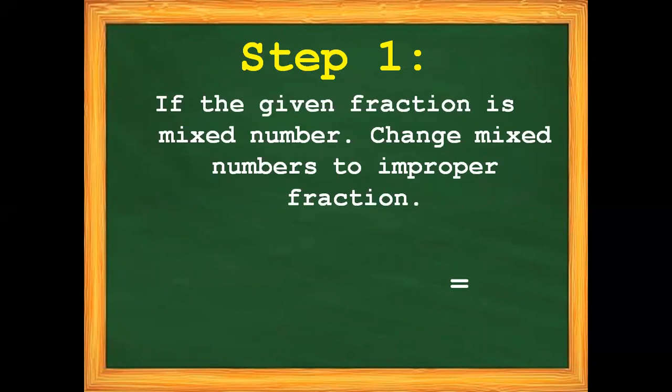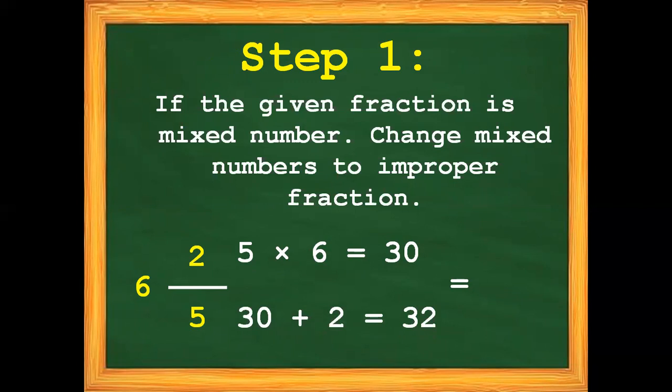So first, let's change 6 and 2/5. 5 times 6 will give us 30, and 30 plus 2 will give us 32. So the improper fraction now is 32 fifths.